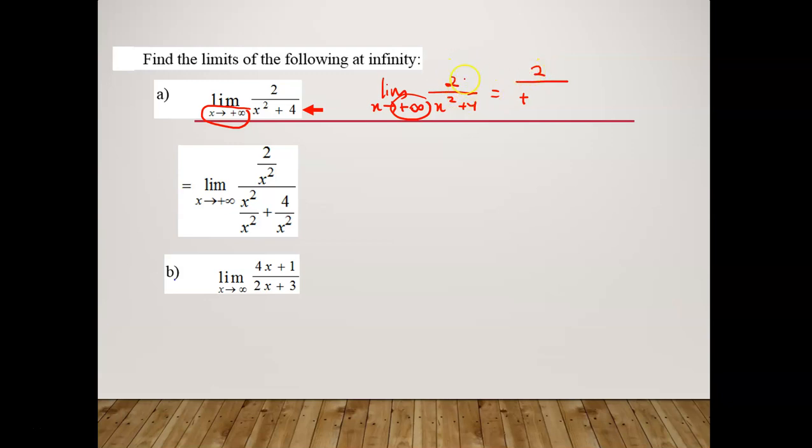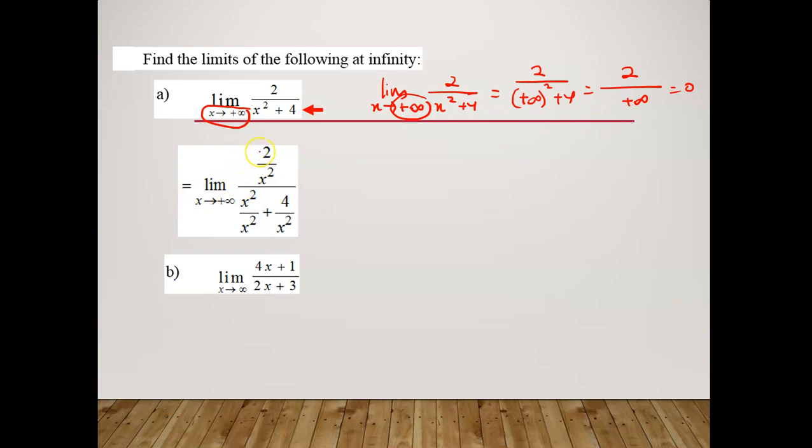If you look at the question, 2 over positive infinity squared plus 4. Positive infinity is already a big number. When you square it, it will become a big number. Plus 4, it is still a big number. So basically 2 is divided by a very big number. 2 divided by a very big number is equal to 0, right?